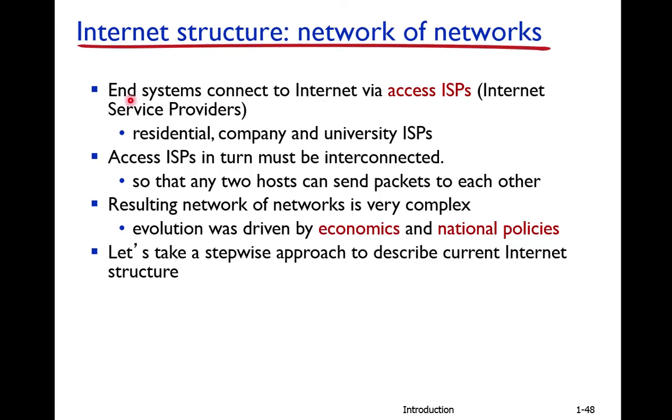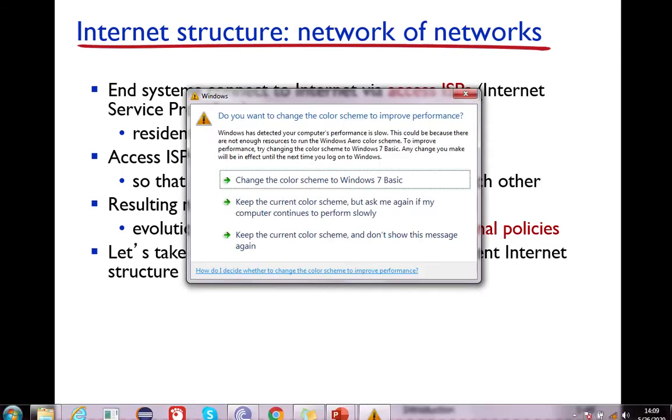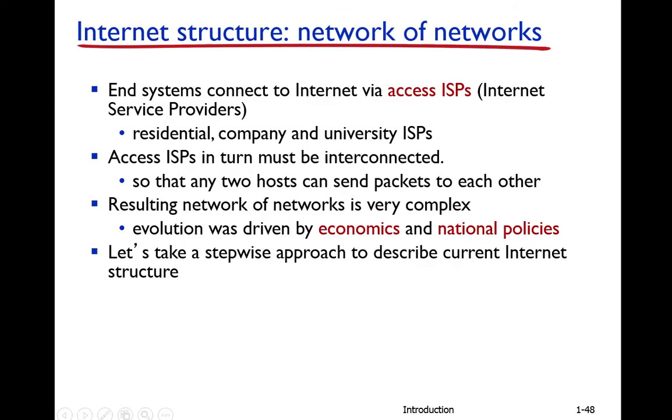We know that each end system is connected to the internet via an access ISP, and that ISP can be a residential company or university ISP. The access ISPs are also interconnected with each other, so that a host from one access ISP can access another host in another access ISP.